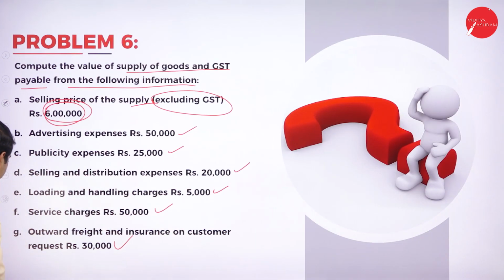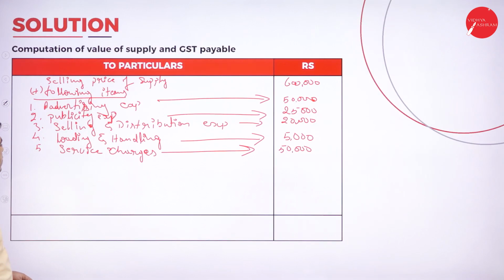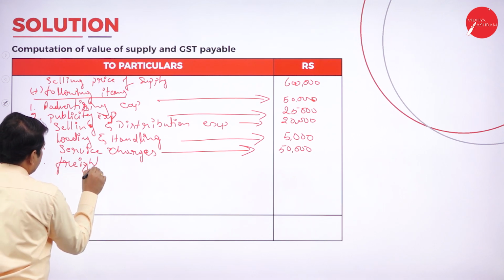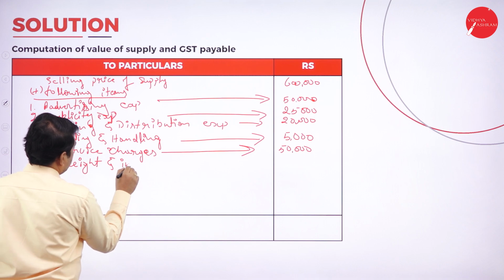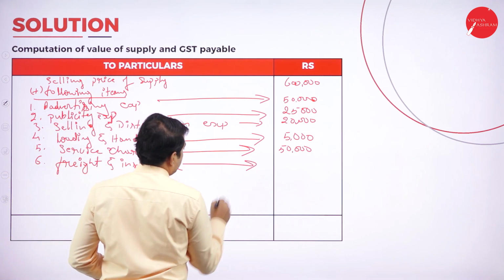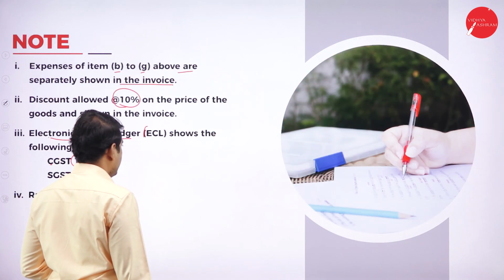Next item, outward freight and insurance 30,000.